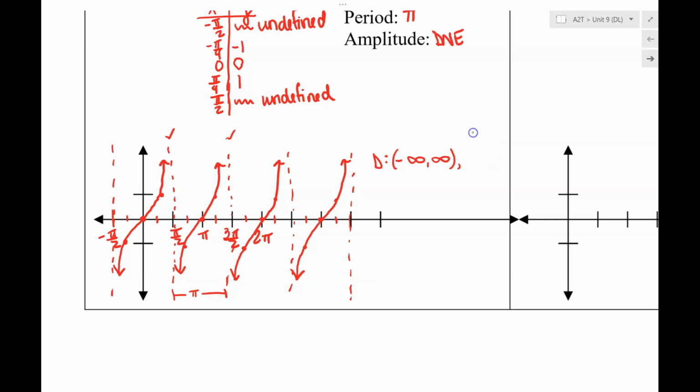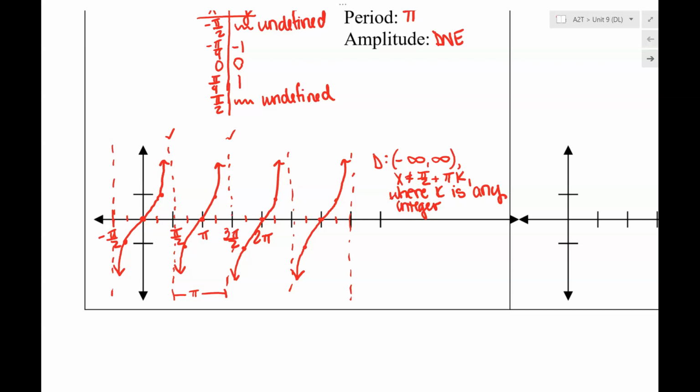Okay, so we're going to say x cannot equal the location of an asymptote plus the period k, because it occurs every pi intervals. So we have to account for the fact that this function is non-restricted. It goes on forever, right? So we're going to say pi k where k is any integer. And this will account for the infinite amount of asymptotes that lie on this function.